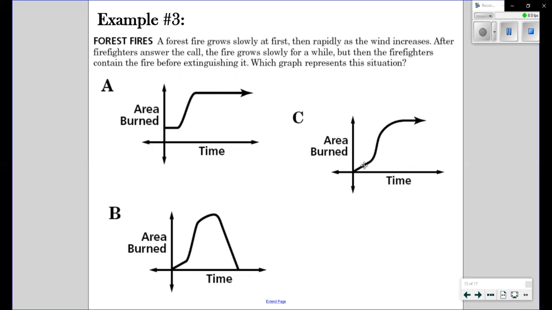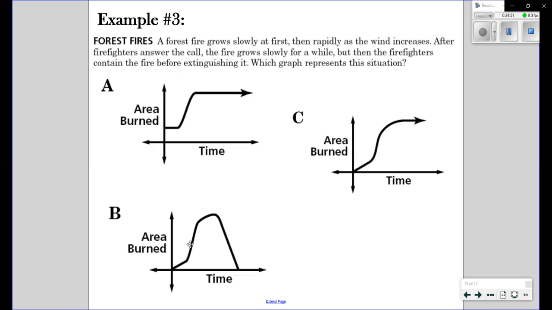But now it says then rapidly as the wind increases. So we see this happening, but this one is a little bit steeper than this increase. So I would say B, and let's see if it matches what the rest of the story says.